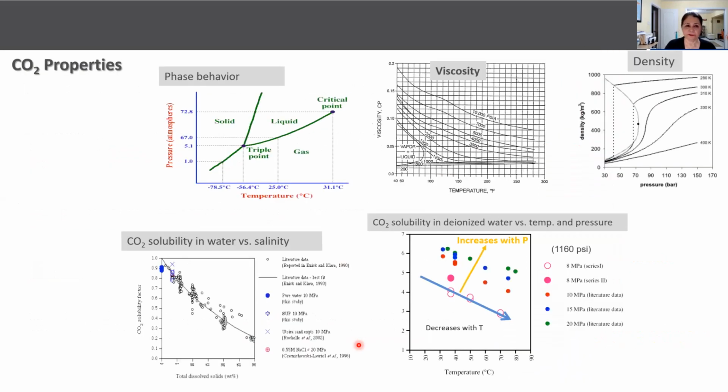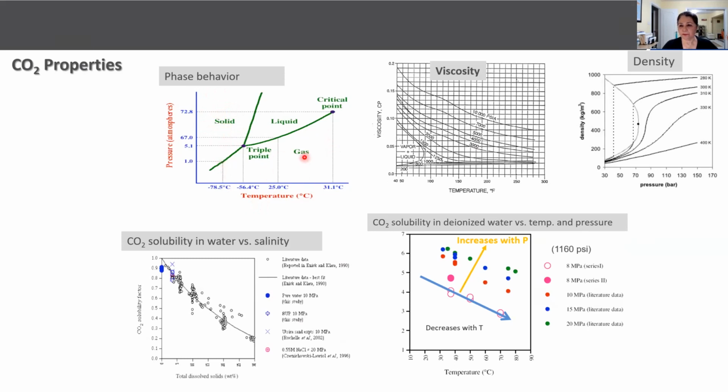CO2 has relatively complex behavior. In terms of the phase behavior as a function of pressure and temperature, you can actually form solid, which is the hydrate. And we need to be concerned about it in some of our projects, especially when you have depleted gas reservoirs with a low pressure.